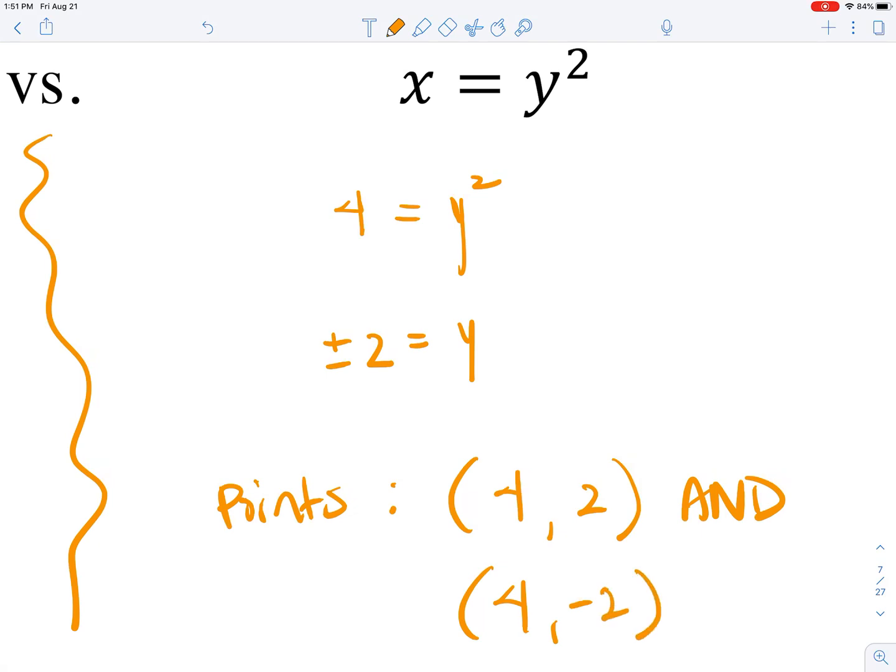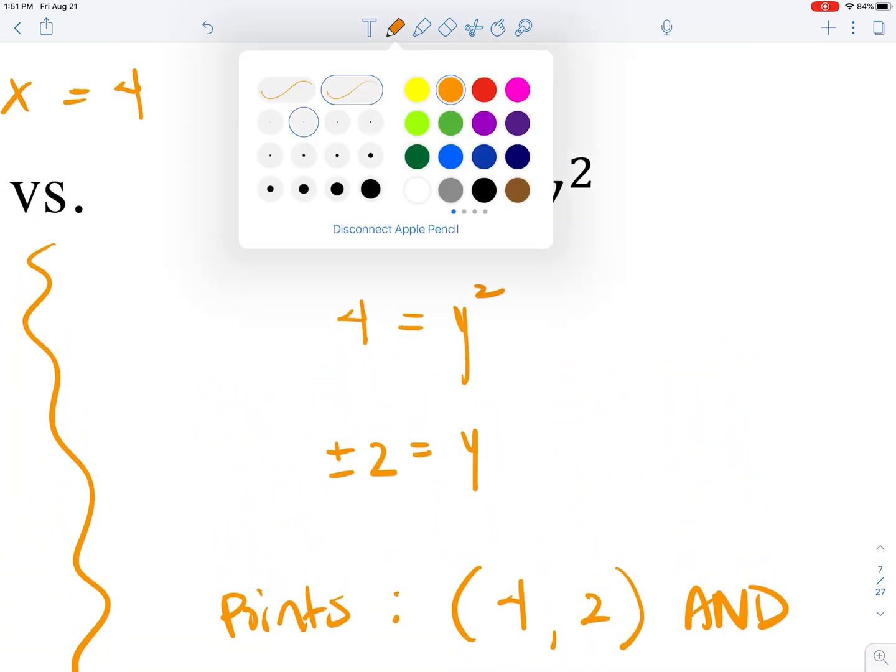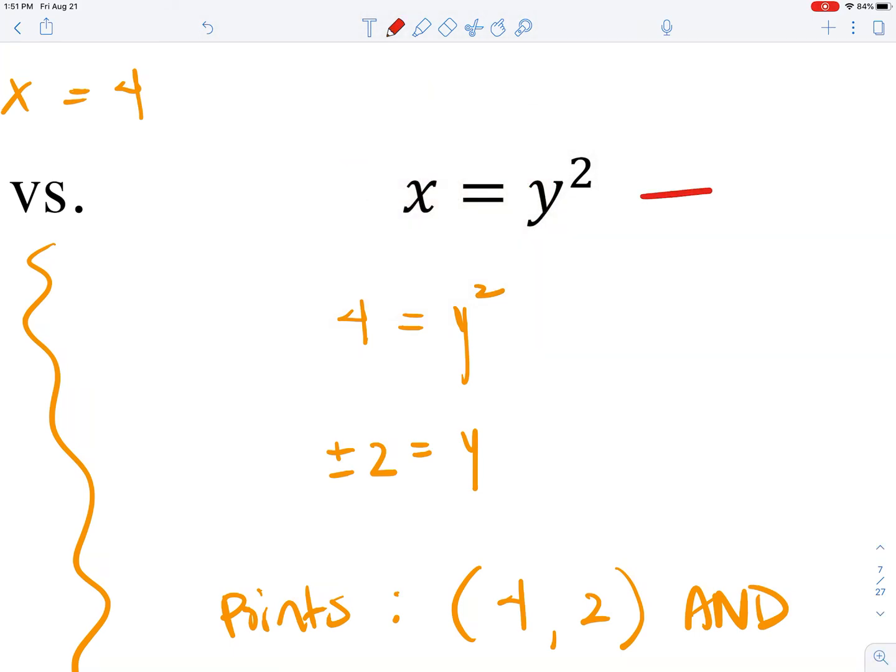Thinking back to the definition of a function, that's not a function, right? Our input of 4, which belongs to the domain, ends up corresponding to 2 different output values, 2 different y values. So let me switch to red. This equation does not represent a function.